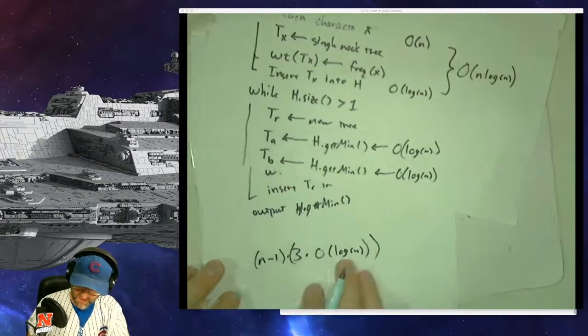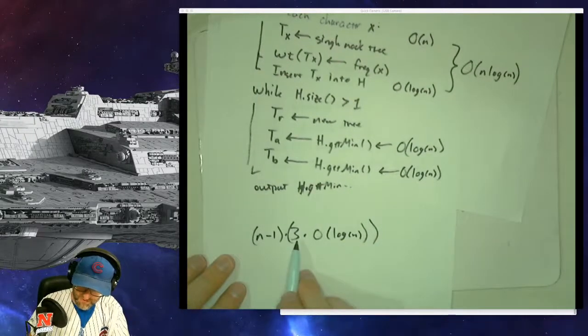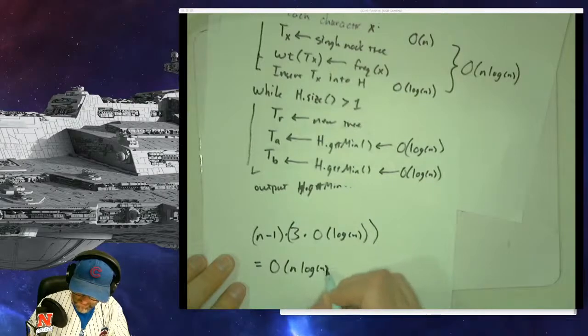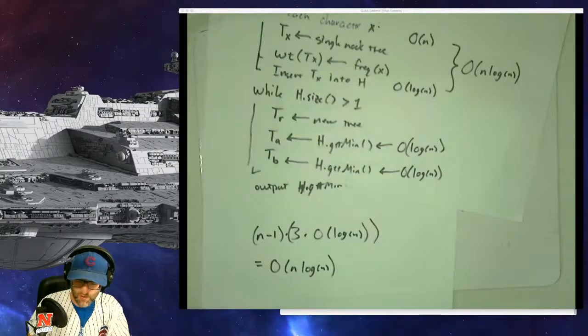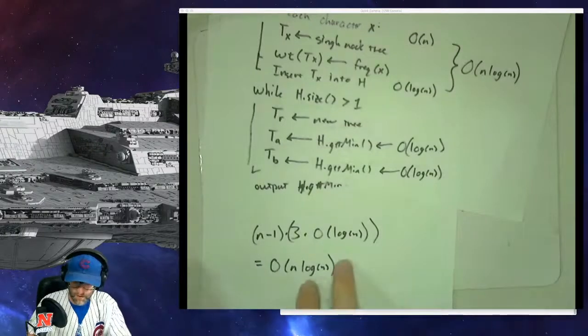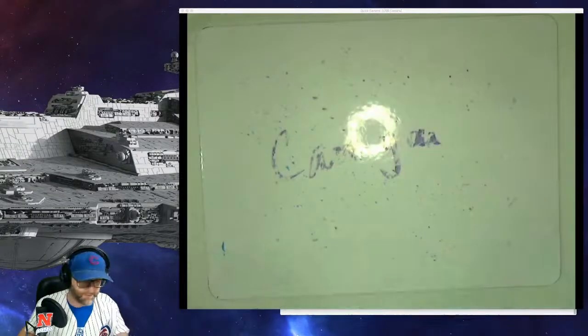And once we've got that, well, the 3 doesn't matter, right? Because we've already got order log n here. So this is going to end up being order n log n, if you use a priority queue or a heap, a min heap, in order to store stuff and put stuff in, take stuff out. And again, if we need a review of heaps, let me know, and we can do that on Monday.